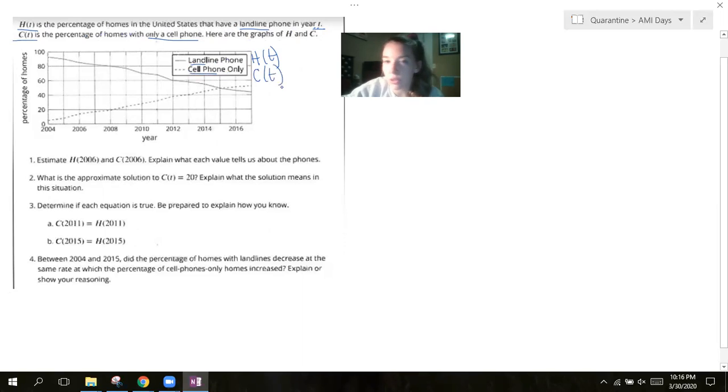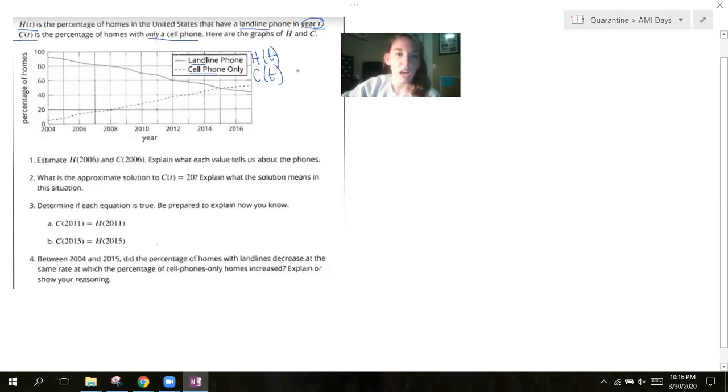Now, just quickly reviewing how to read a function. Remember, this first letter is just the function's name. So H stands for home phone or landline, and C stands for cell phone. And then the variable on the inside is your input, or your X value on the graph. In this case, we're talking about the years.